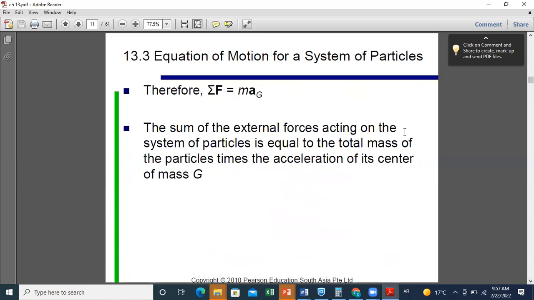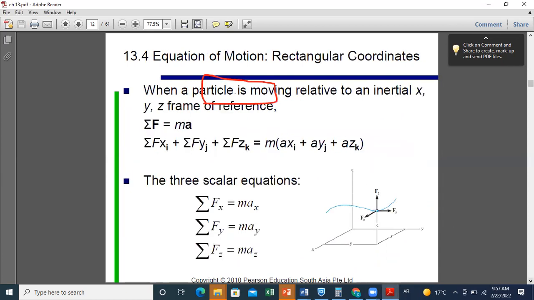Now, let us start to see how to apply this law in practice. We'll start with the application of Newton's law in rectangular coordinates. As we said, this is a vectorial relation, and any vectorial relation can be decomposed into algebraic equations depending on the frame you are working in.